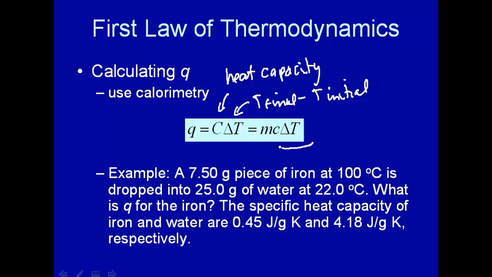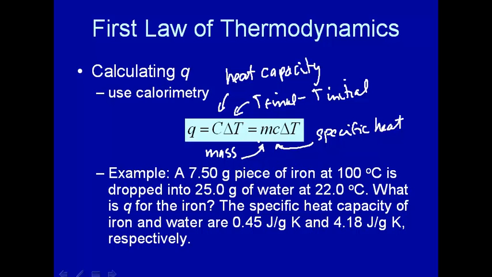Here, lowercase c is the specific heat, which is the heat capacity per gram, and here m would be mass. So this is typically the way you would calculate Q. You do a measurement, see how much the temperature changed, and multiply that by the heat capacity, or the specific heat times mass, which gives you the heat capacity.